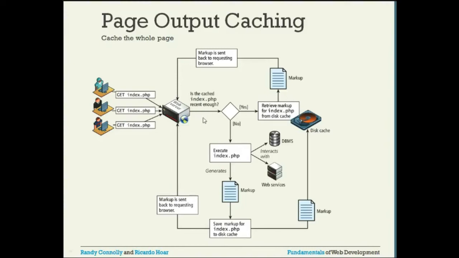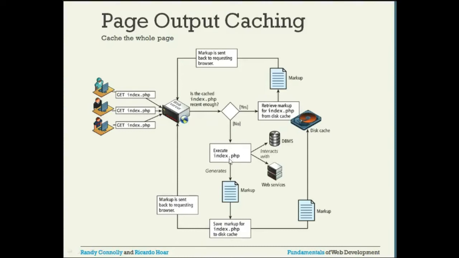Okay, let us say it is not recent, or let us say one of the first requests that comes in is the first time request. Then the answer is no, the cached index.php is not recent, or it is not available. Then it will come to this route, execute index.php.